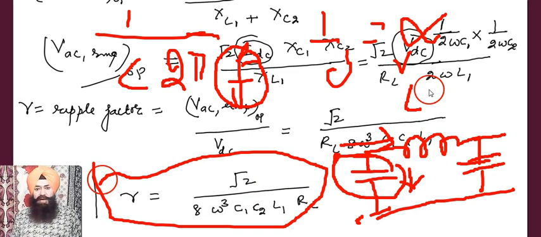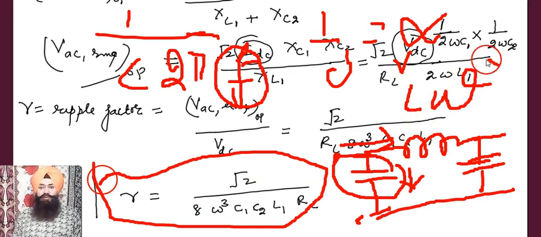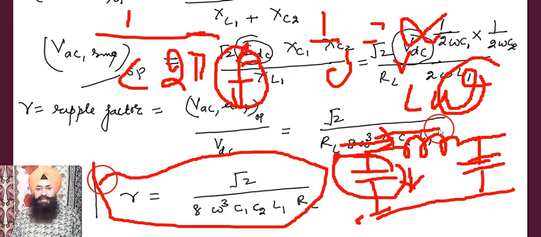Now the inductor has reactance like L omega. If omega is 0, meaning frequency is 0, again the DC will pass through the coil, but the AC will find an opposition. So the coil also removes the fluctuations, because it allows the DC to pass, not the AC.